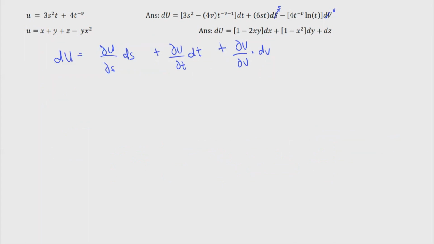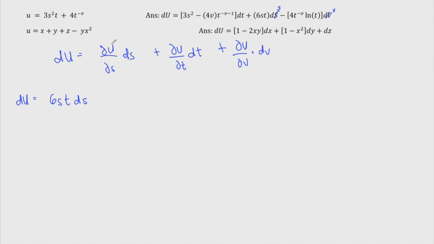Okay, so following all of this, we know that du, so we need to take the partial derivative of the whole expression with respect to s. So treating s as the variable and the rest as being constant, we know that this is 6st, okay, and then for this one, we have only a constant here, so that will be ds. Okay, so that's it.